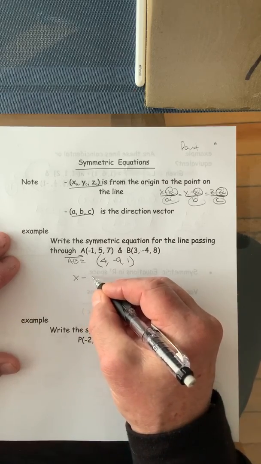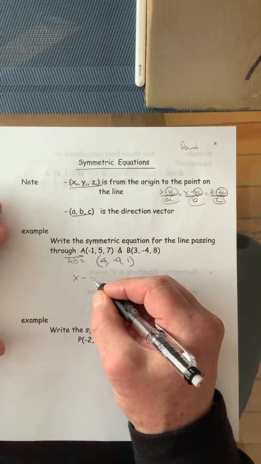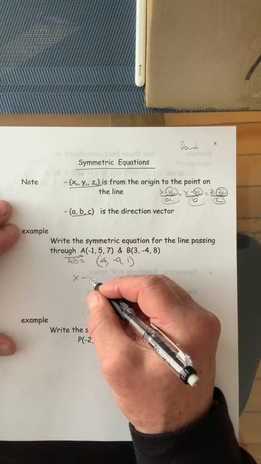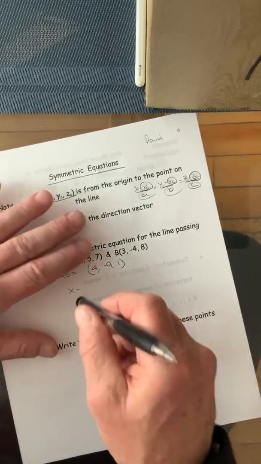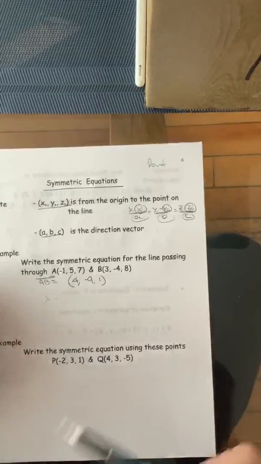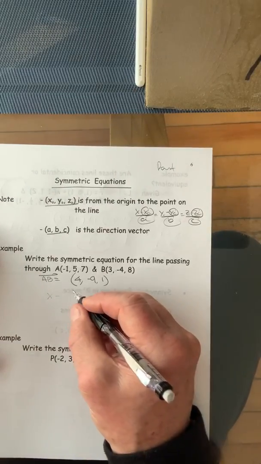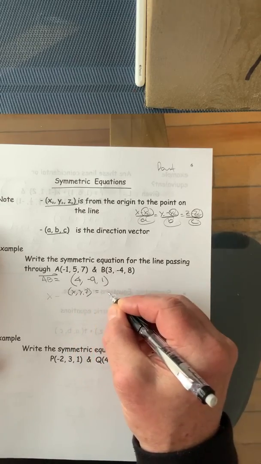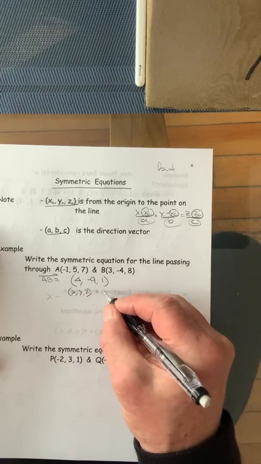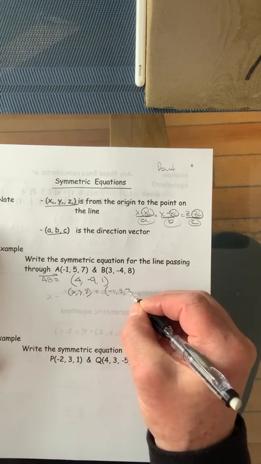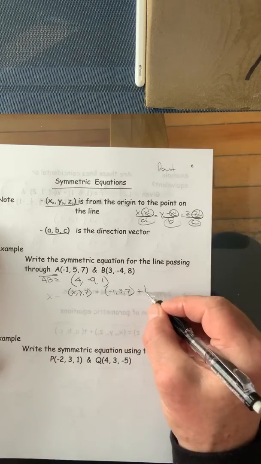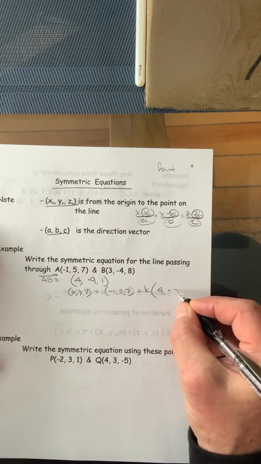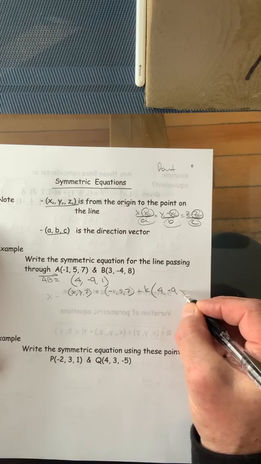minus 4, or if I want, let's do it a bit more basically. I can build an equation now. I can build (x, y, z) equals, pick one of these two, pick the first one, (negative 1, 5, 7) plus k (4, negative 9, 1).